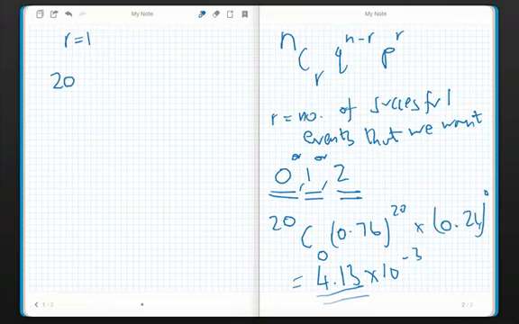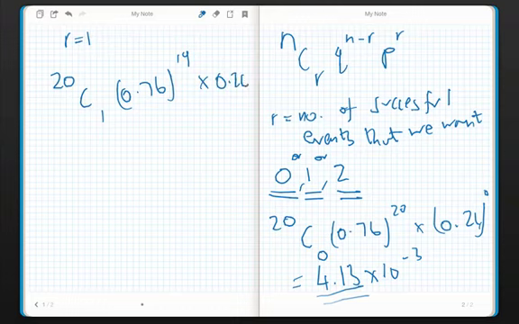So we can use 20C1, 0.76 to the power of n minus r, which is 20 minus 1, 19, times P, which is 0.24, to the power of 1.